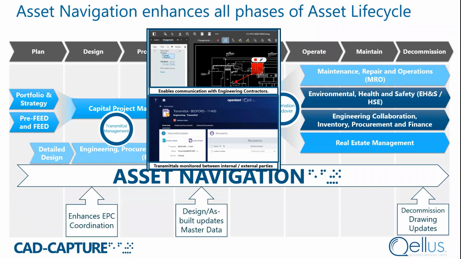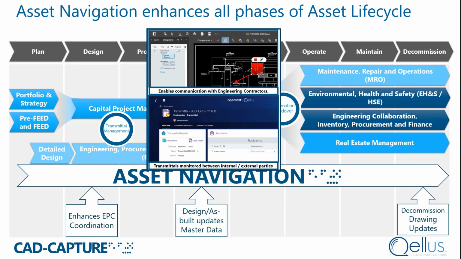On the bottom half, and the top half, is what's called a Brava viewer to view some of that and make annotations and changes that can be communicated back to the engineering department internally or externally to EPC contractors. You notice this OpenText feature here in the bottom, it's called transmittal.